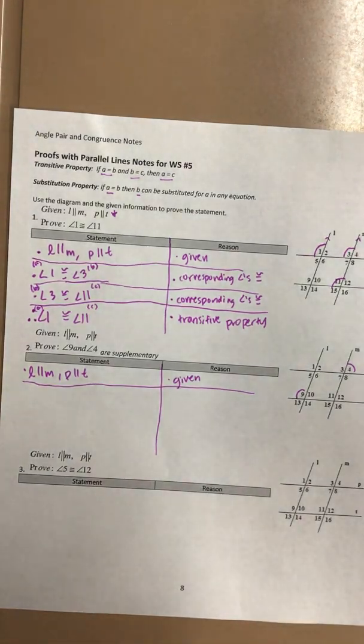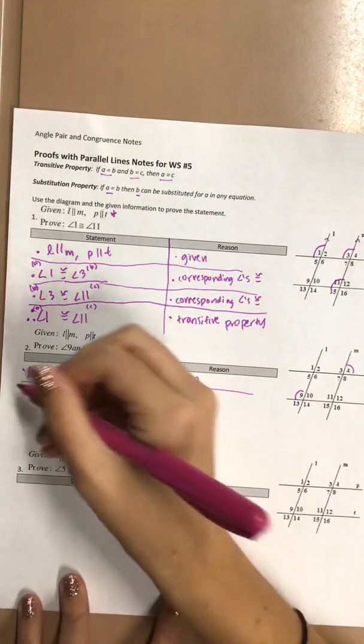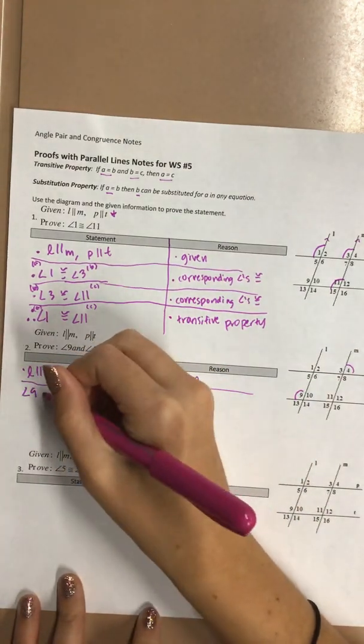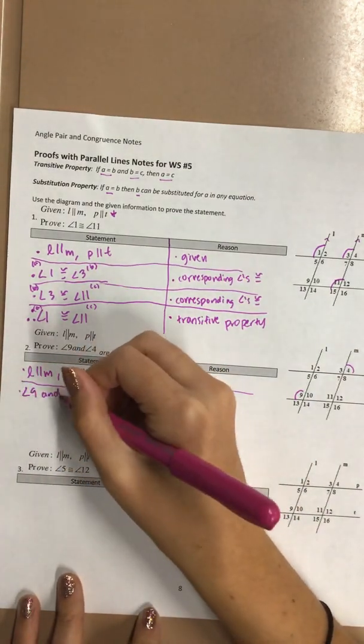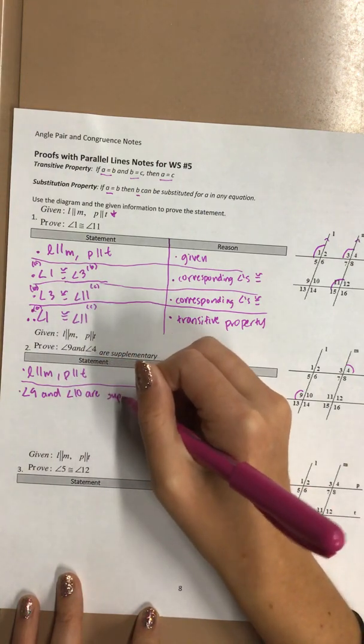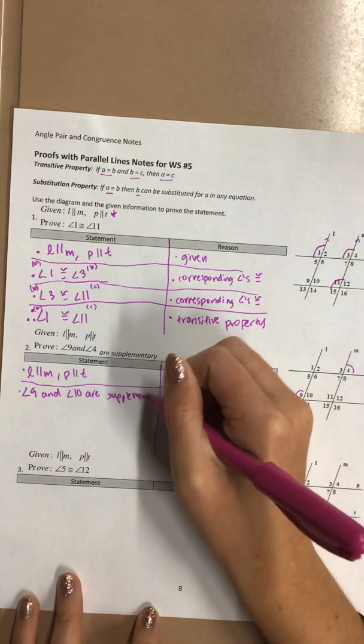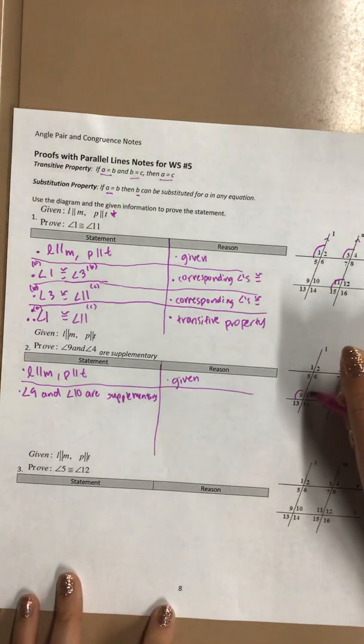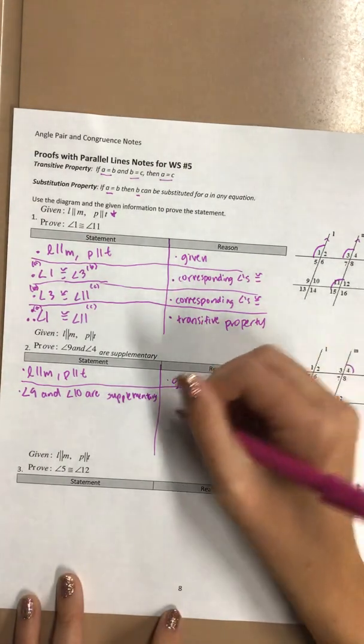I'm just going to think for a second and I'm like, ooh, what can I say is true? I'm going to go with 10 first. So I'm going to say that angle 9 and angle 10 are supplementary. I know that 9 and 10 are supplementary because they are a linear pair.